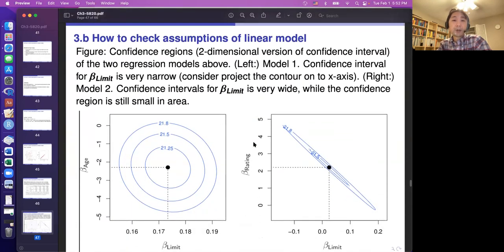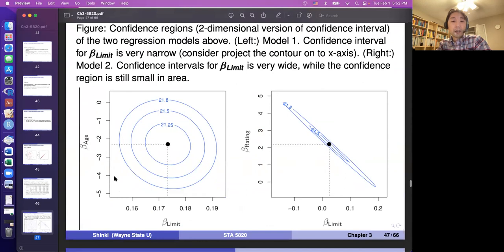And so this is the conceptual graph of what's happening there. This is for the first regression, the balance on age and limit. And this is the regression for the balance on rating and limit.